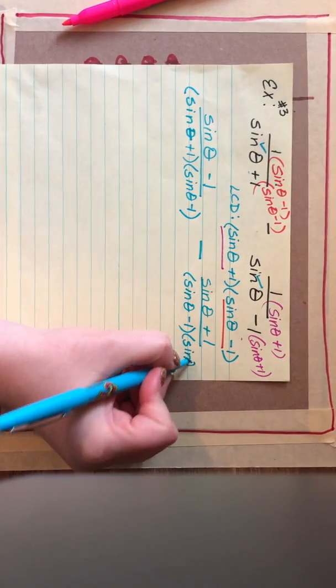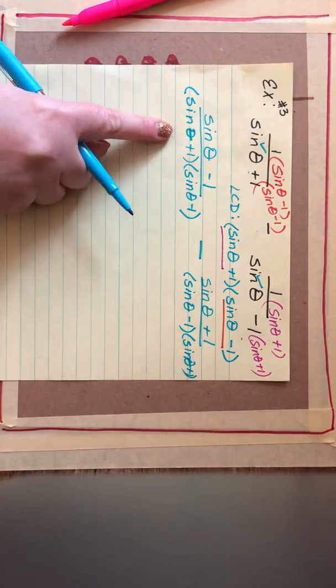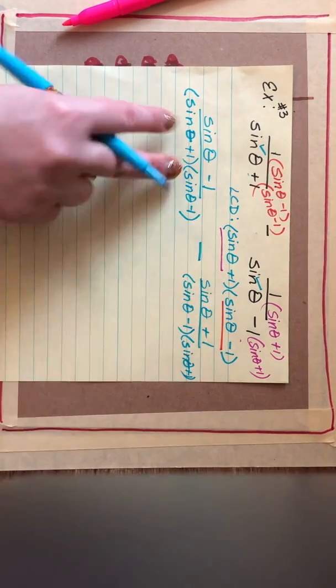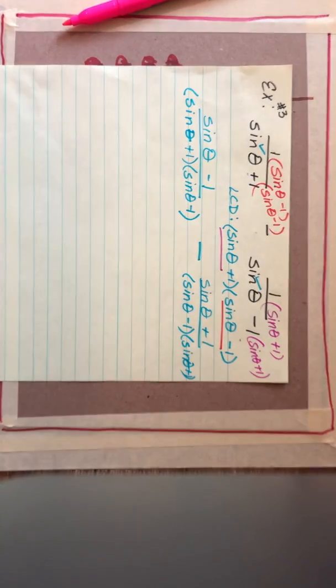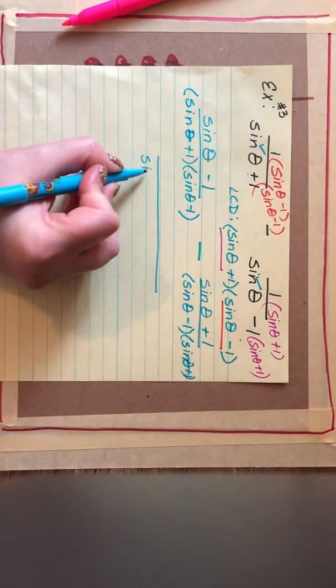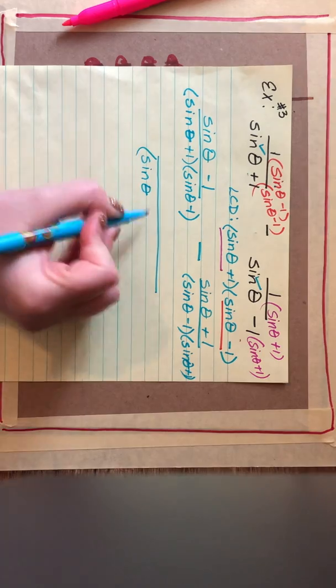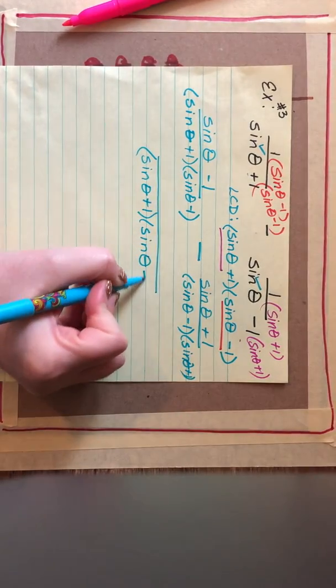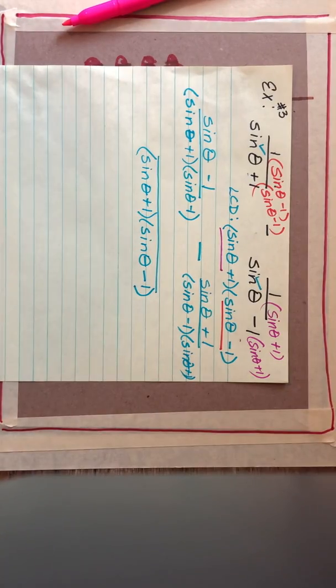Okay, so now that my denominators are the same, check it. They're the same. They're kind of swapped around in the parentheses, but it's the same thing. So now that they're the same, I can combine these two fractions. And when I add or subtract fractions, I just rewrite the denominator. If you need to pause, do so. Okay, now let's write down what's on the top.